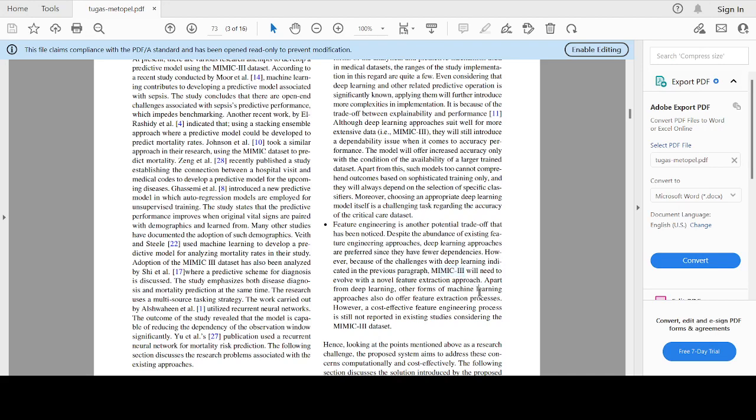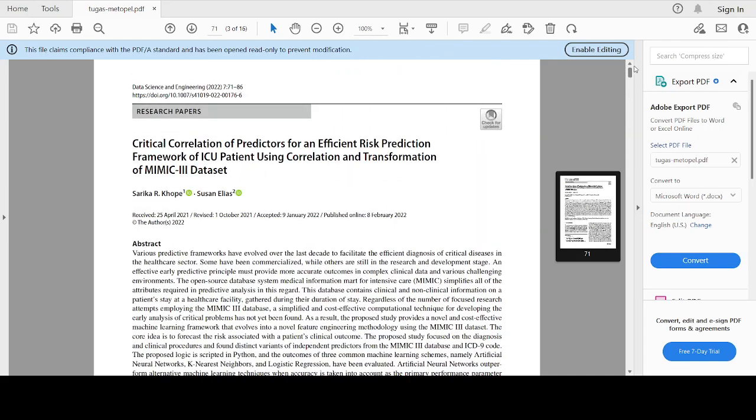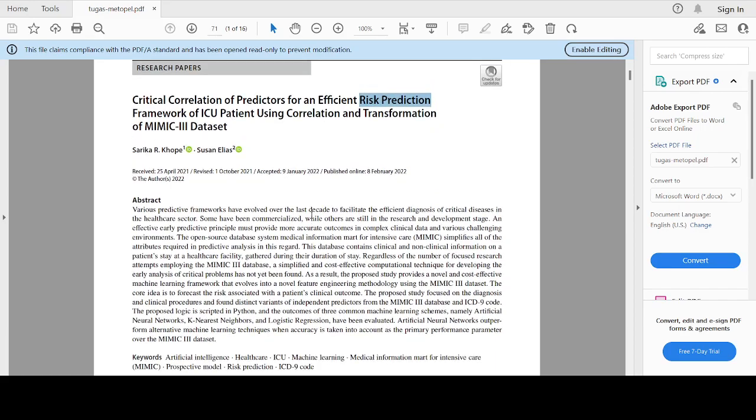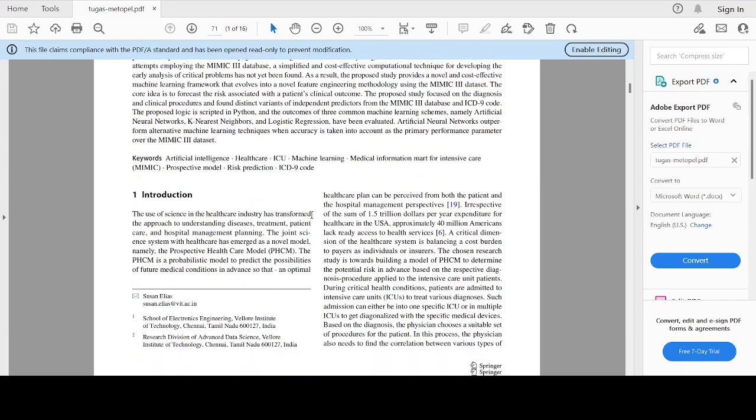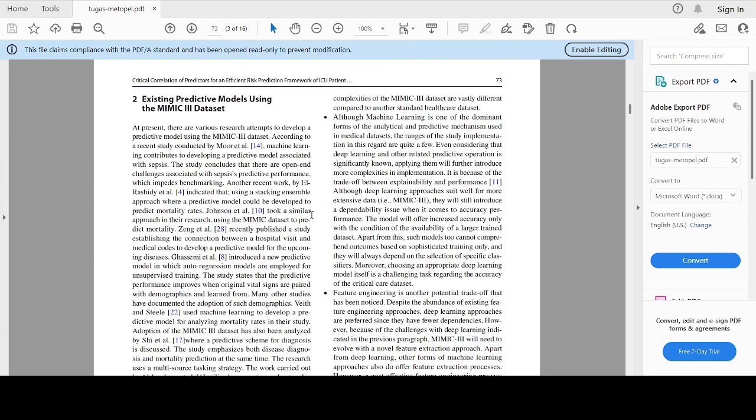So from what I get, it aimed to build a model data that is ready to use to predict the risks of the ICU framework.